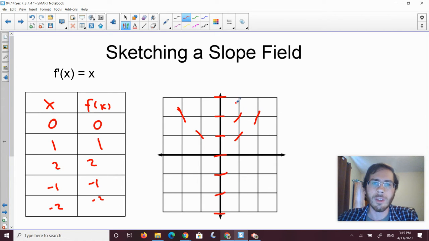Likewise, these are all going to have a slope of 1, which is kind of like a 45-degree angle. These all have a slope of 2, so it's a little bit steeper. These are all negative ones. And these are all going to be negative 2s.